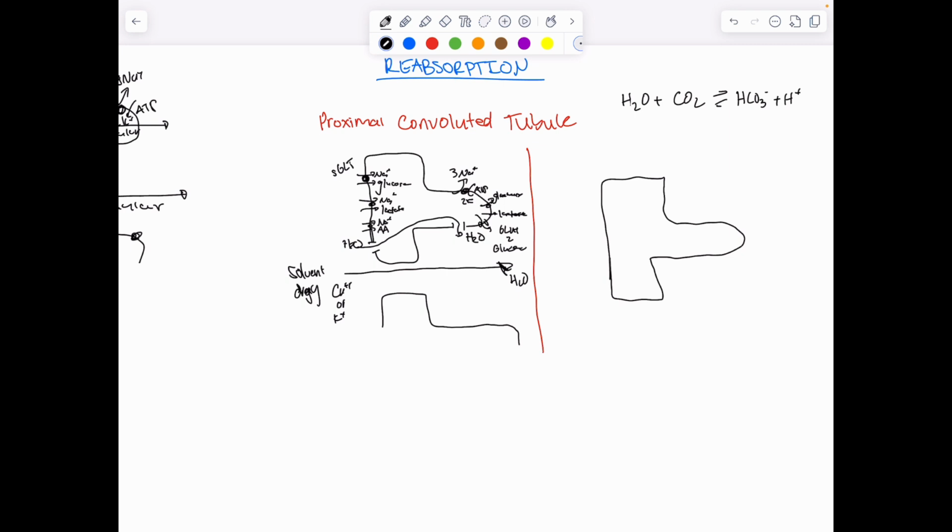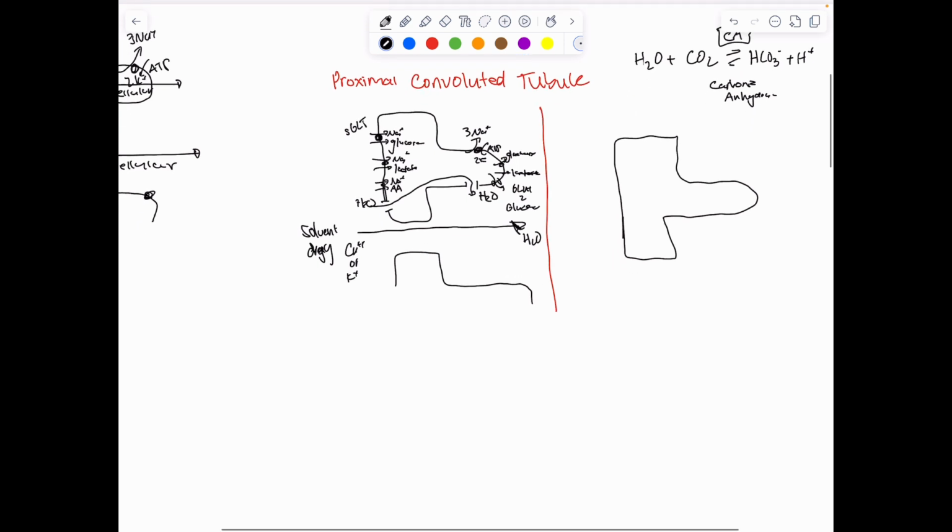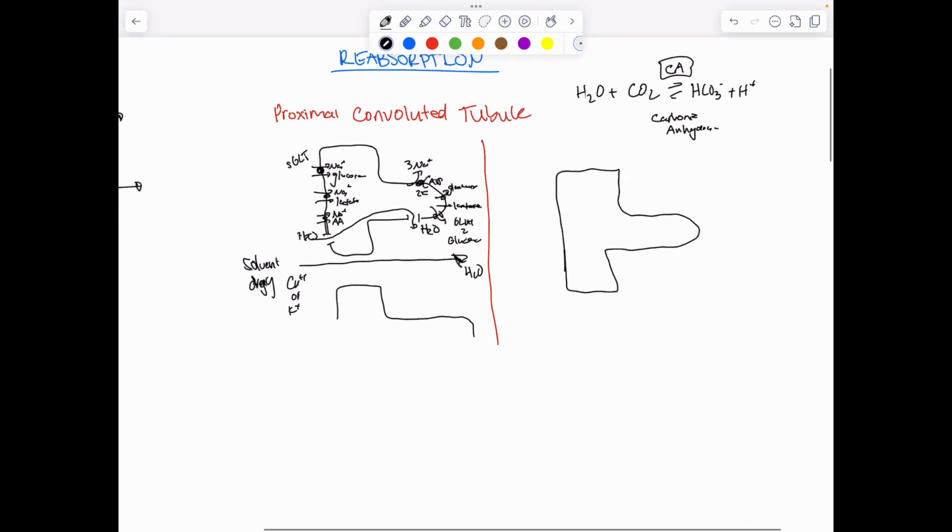And this is what we call carbonic anhydrase, or CA right here. And so that's going to be important. So we're going to have H+ and HCO3, this carbonic anhydrase, and then H2O and CO2. Then we have this CA here.